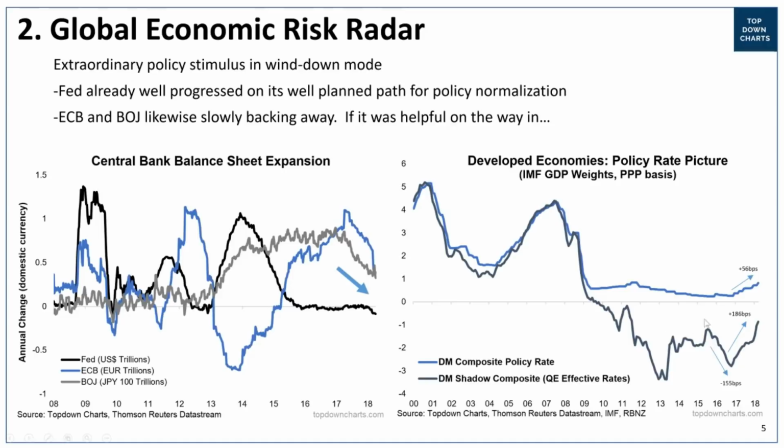Same thing if you look on the right. So the black line there is the shadow rate. That incorporates the impact of quantitative easing on the policy rate, and gives you kind of an effective rate or a real rate. So you can see there that it was substantially negative compared to a still positive headline policy rate.